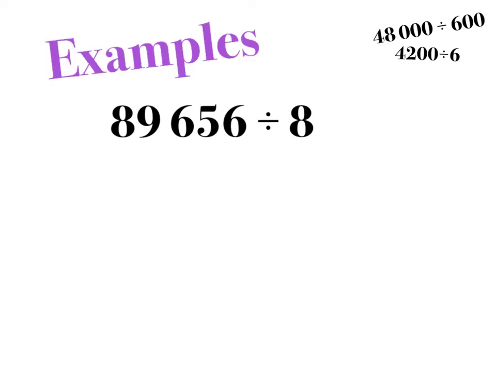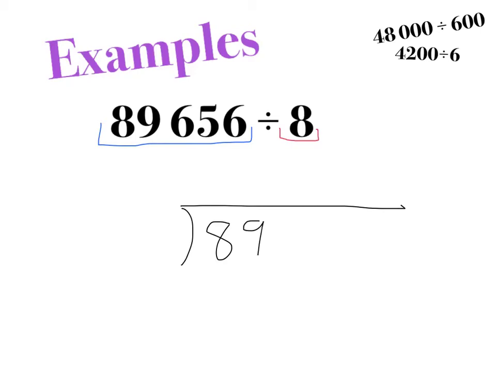This 8 here is called my divisor. That's how many parts I'm separating the big number into. So this is my big number, this is my divisor. The number that I'm separating goes in here, 8, 9, 6, 5, 6, and my divisor goes on the outside.